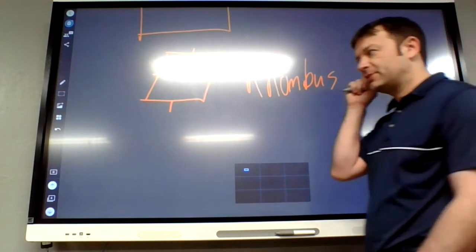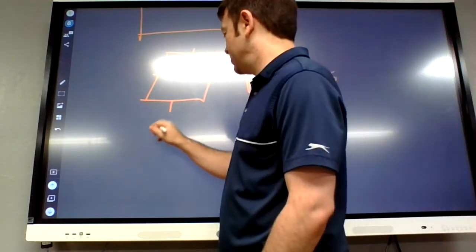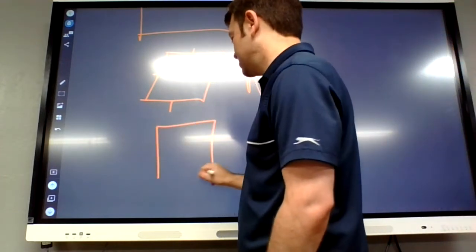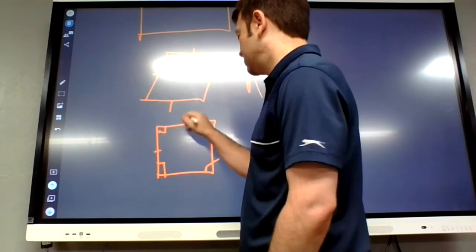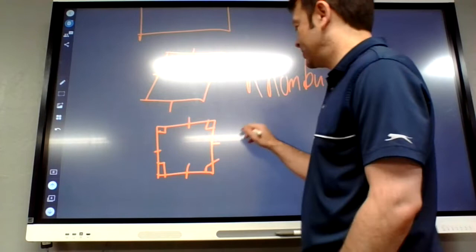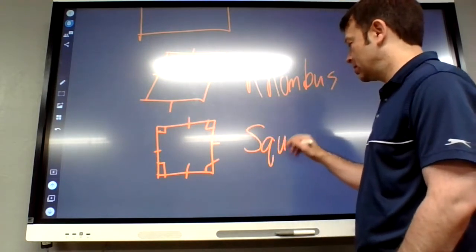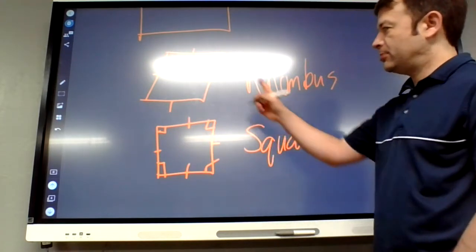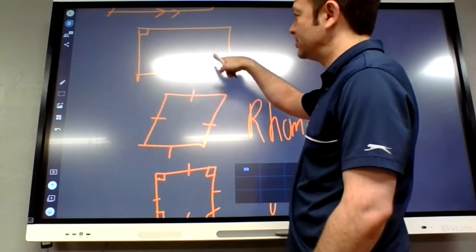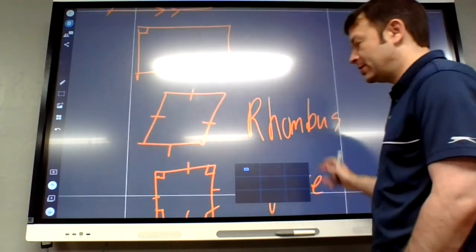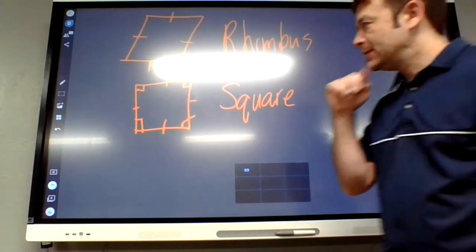What happens when you combine a rectangle with a rhombus? Square. 90-degree angles, equal sides. A square is a rectangle and a rhombus together. A rhombus, however, is not a square because it doesn't have 90-degree angles. A rectangle is not a square because it doesn't have equal sides. But a square is a rhombus and a rectangle.